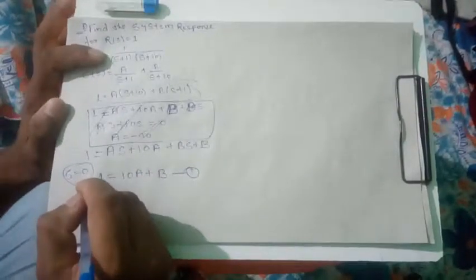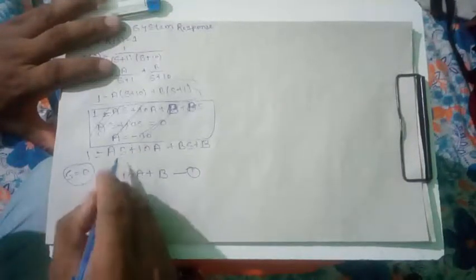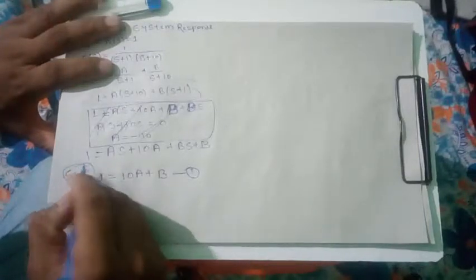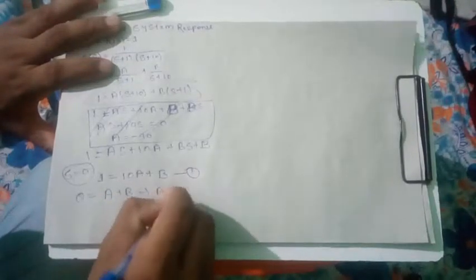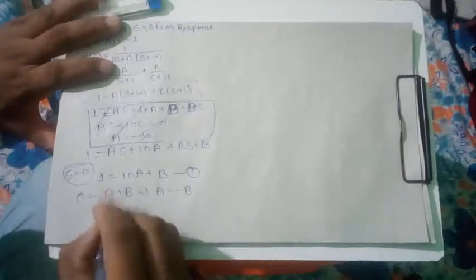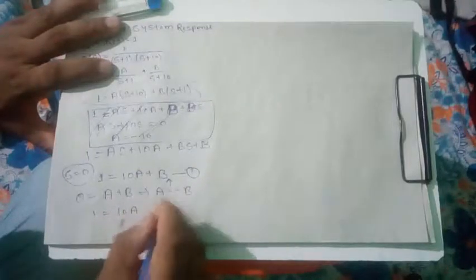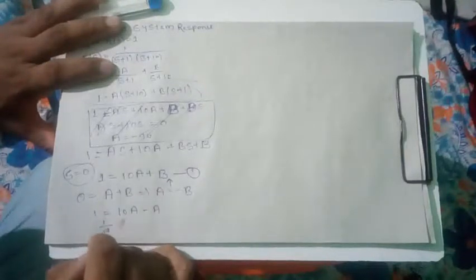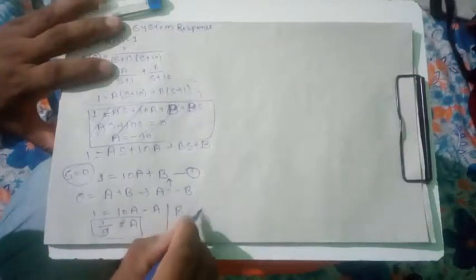Taking the coefficient of s, we get 0, because there is no s on the left side, so the coefficient is 0. So A plus B equals 0, where A equals minus B. Putting this value in, 1 equals 10A minus A, so A equals 1 by 9, and similarly B equals minus 1 by 9.